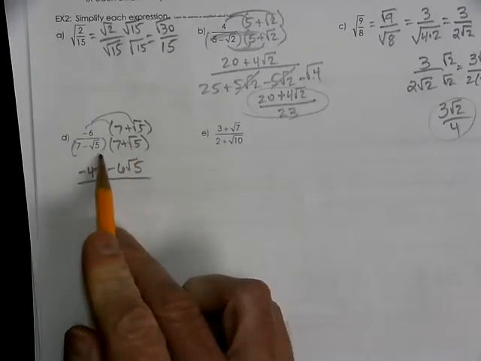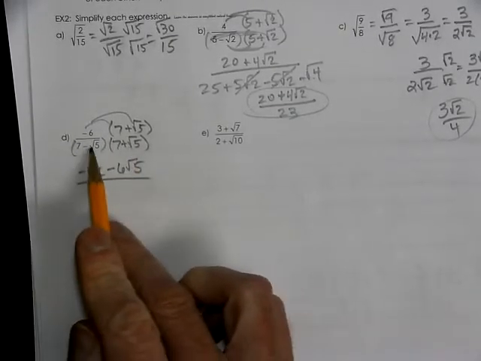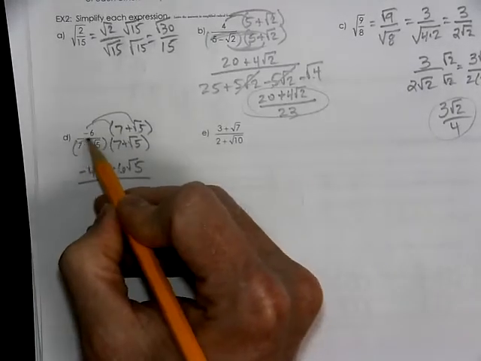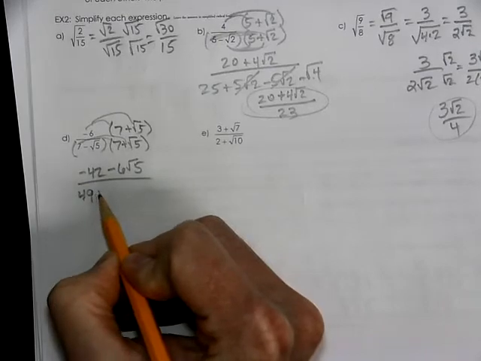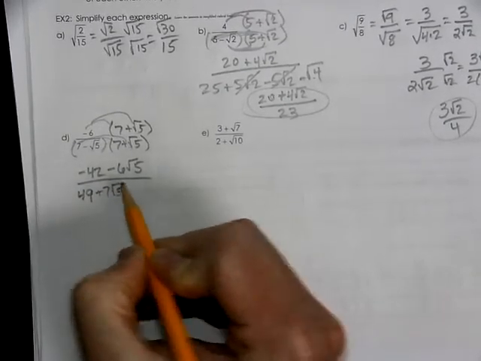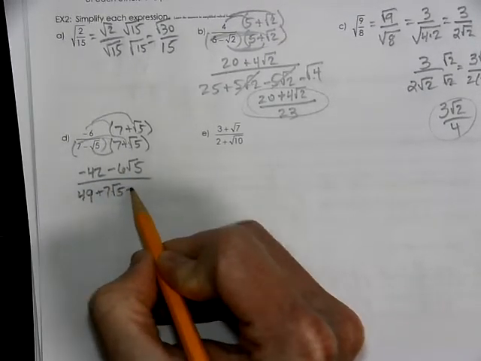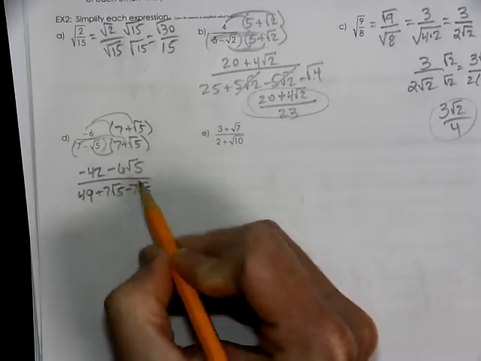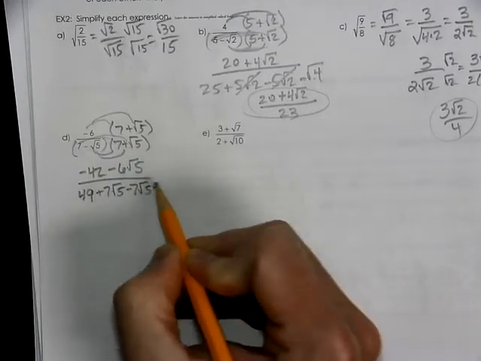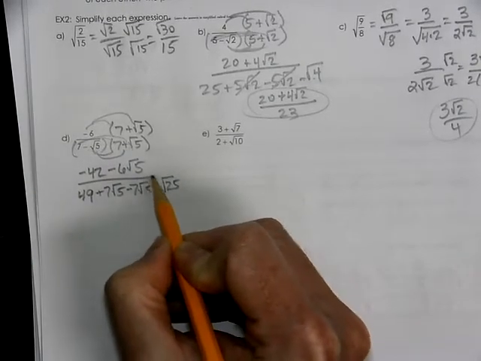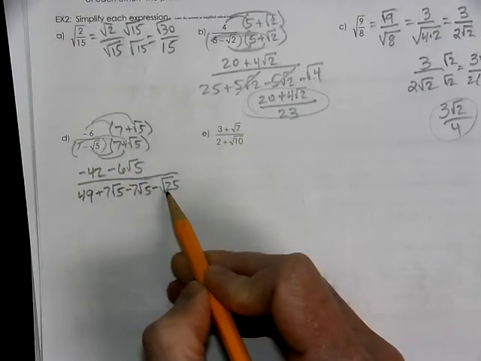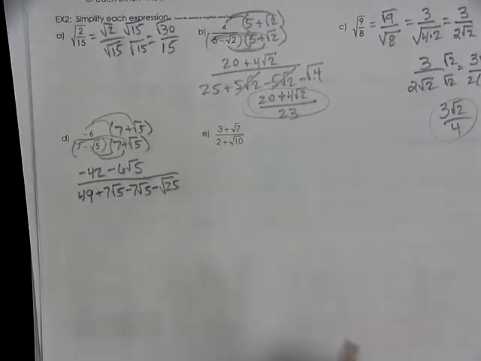Then this bottom one, because it's two binomials, we're going to FOIL it. 49, 7 root 5, negative 7 root 5, negative 5 and 5. They're both in radicals, so it's the square root of 25.